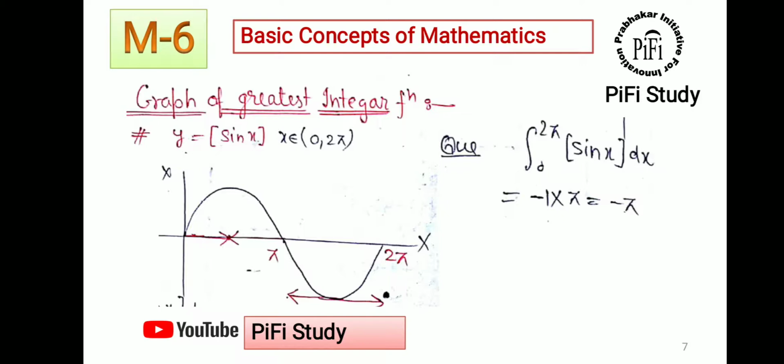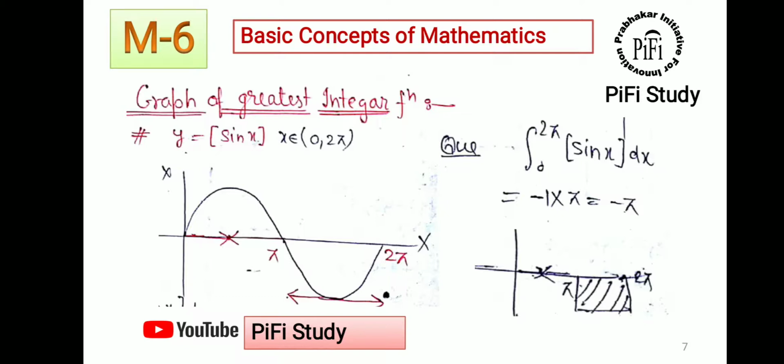Similarly, in this case it is towards the negative side, so its greatest integer value is minus 1 on the negative side, but on the positive side it is 0. So see how the plot will convert.